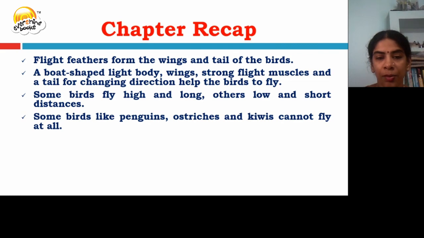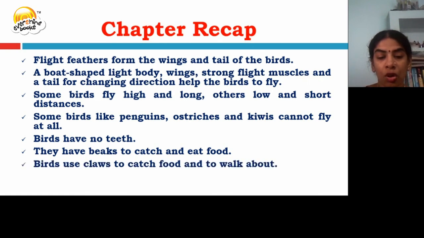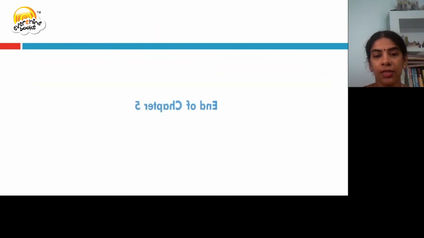Some birds, like penguins, ostrich, and kiwi, cannot fly at all. Birds have no teeth. They have beaks to catch and eat food. Birds use claws to catch food or to walk about. This ends the chapter.